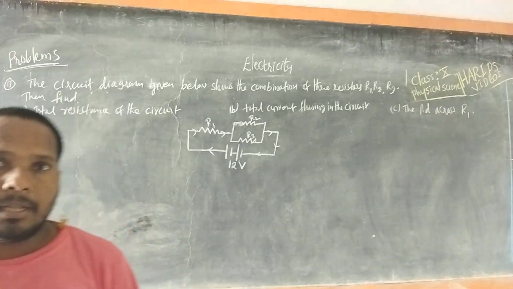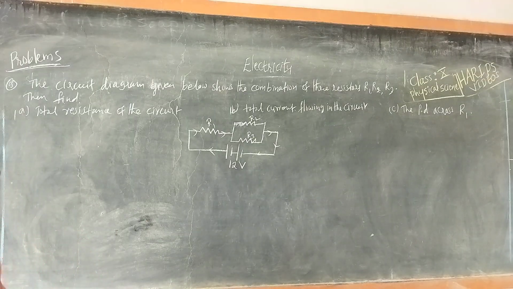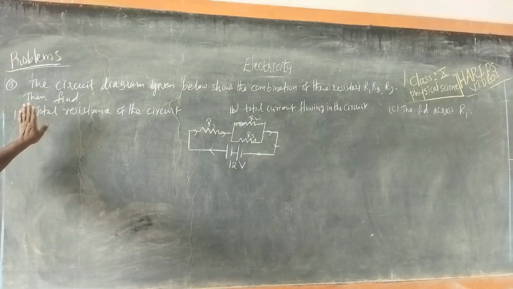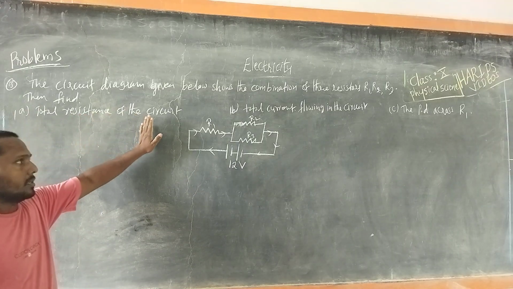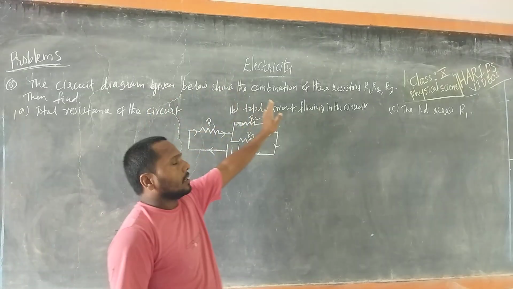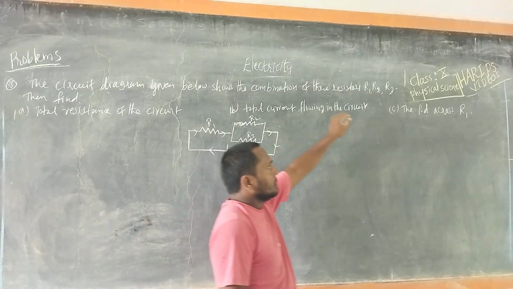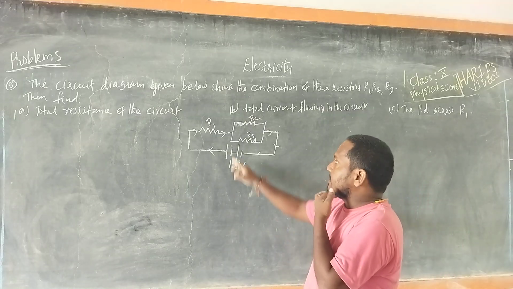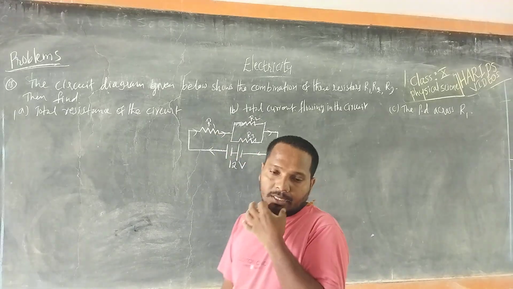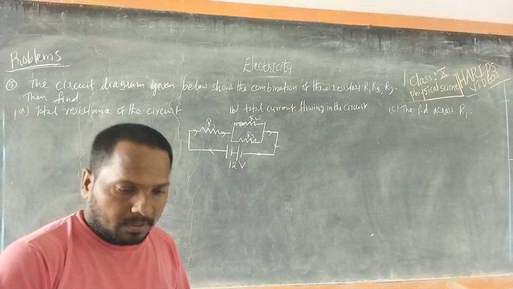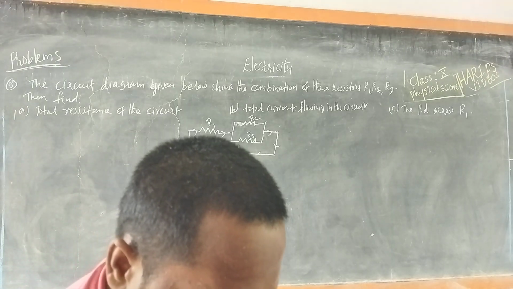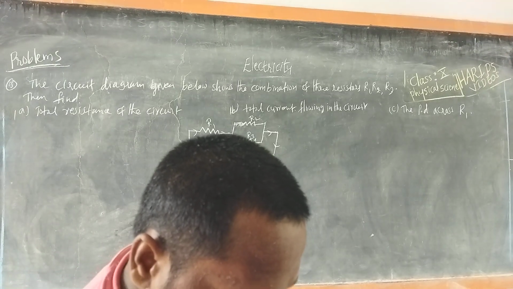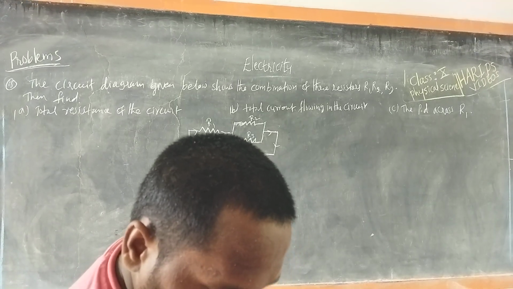By observing the diagram, we have to find the total resistance of the circuit, the total current flowing in the circuit, and the potential difference across the resistor R1. Right? So, let us solve.